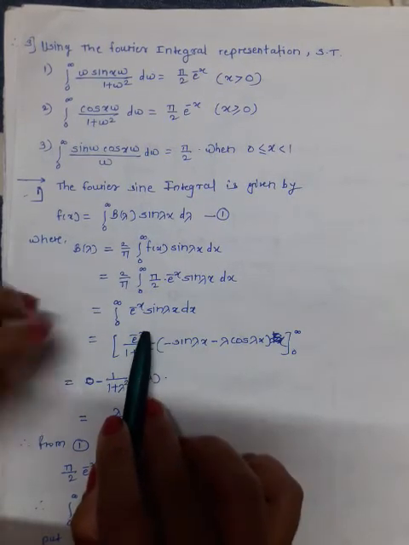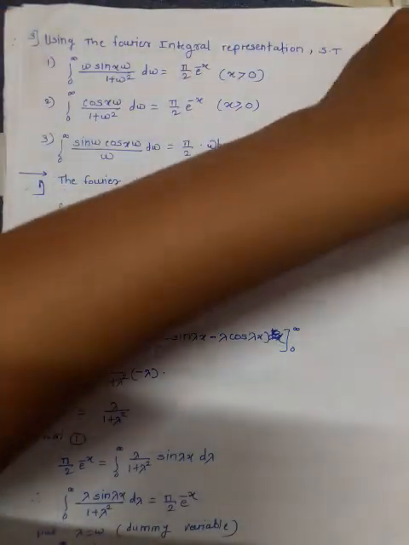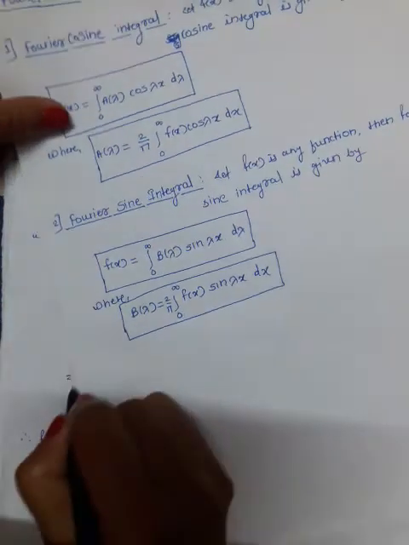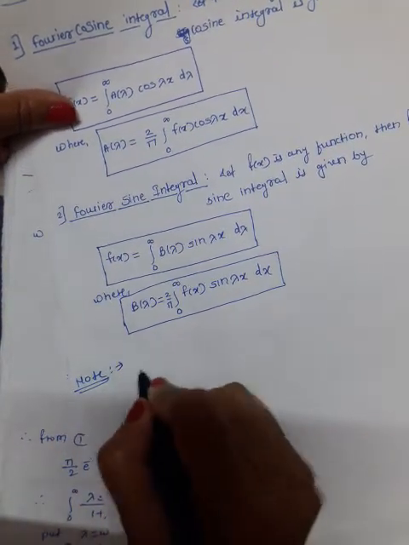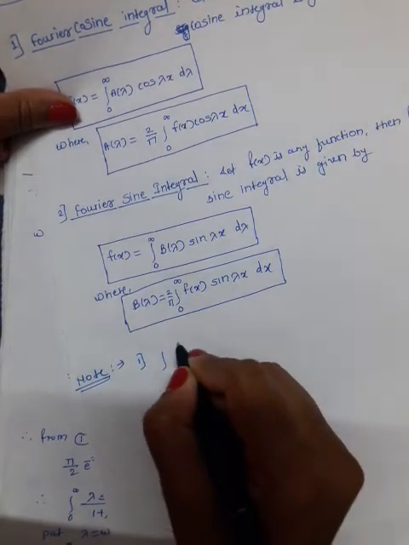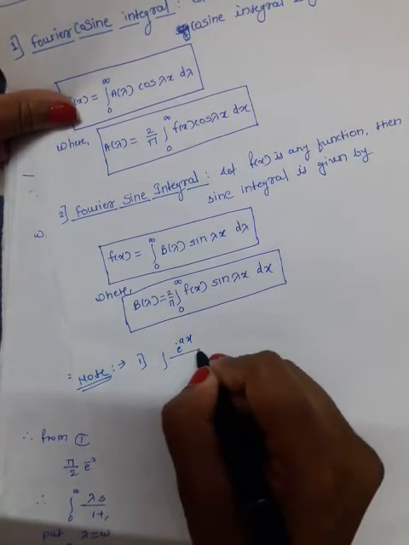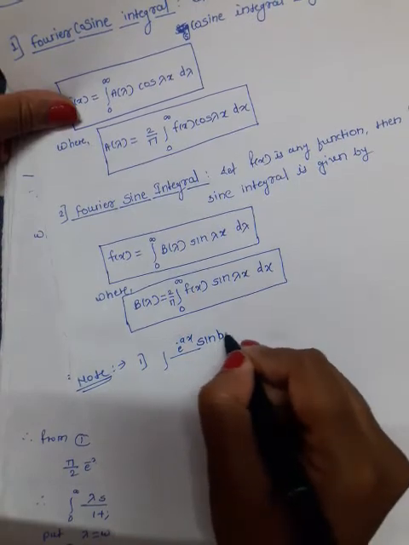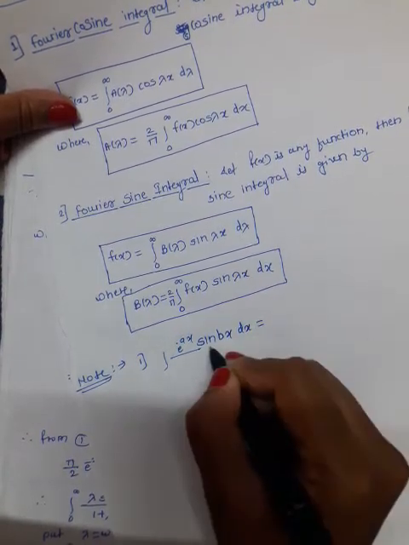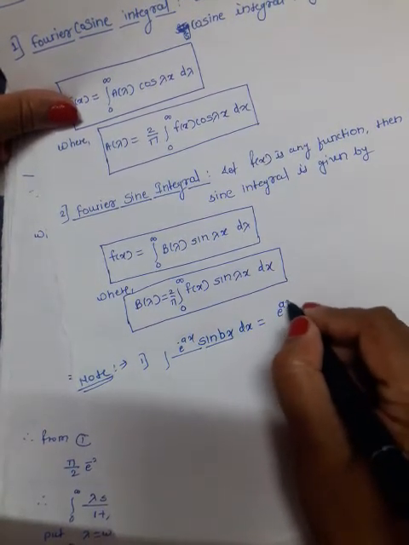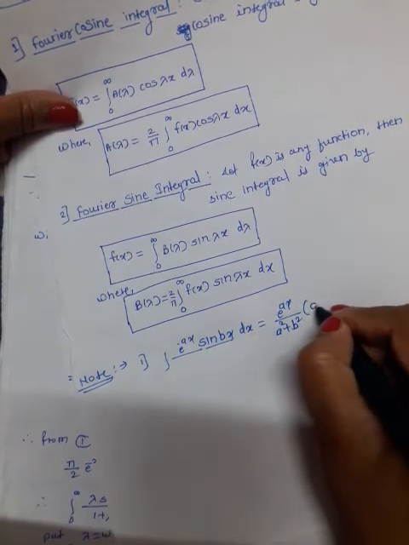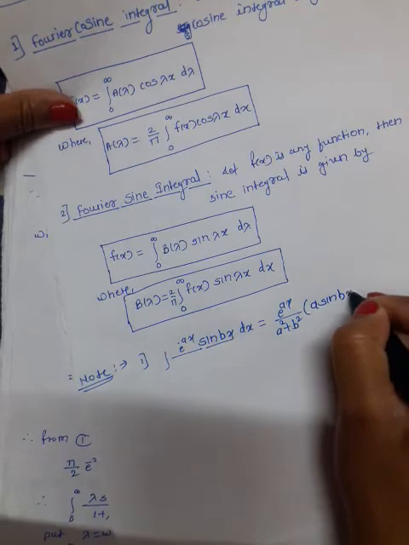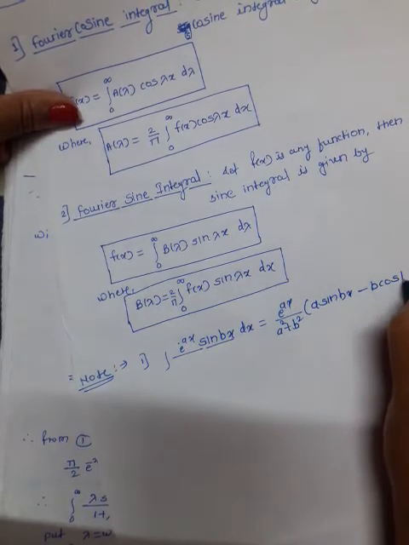Now we are going to use a formula here. What is our formula for this? You can write as a note: first, integration e raised to ax sin bx dx is e raised to ax upon a square plus b square into bracket a sin bx minus b cos bx.